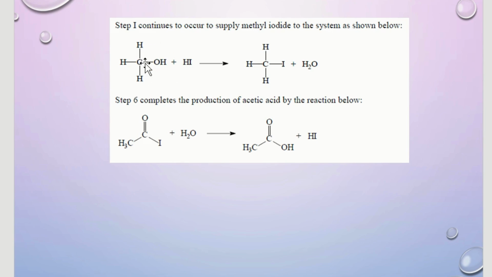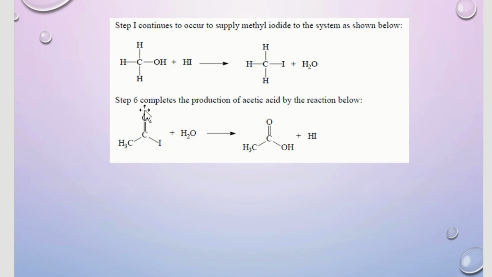This is the starting material, produced from the mixture of syngas. When we have the methanol, it reacts with hydroiodic acid to produce iodomethane and H2O.